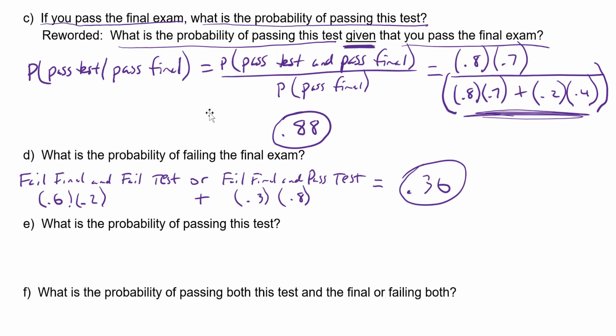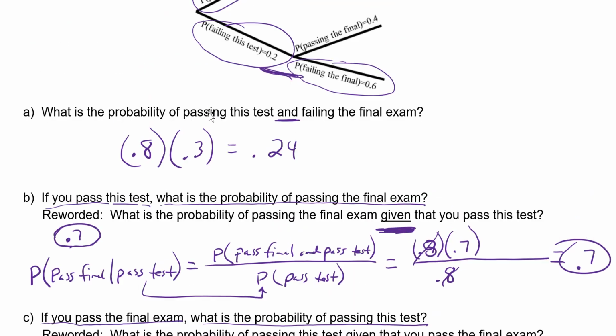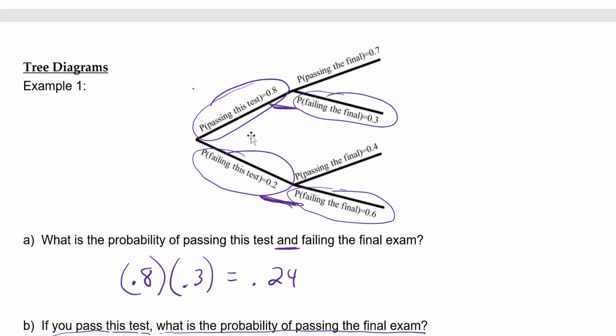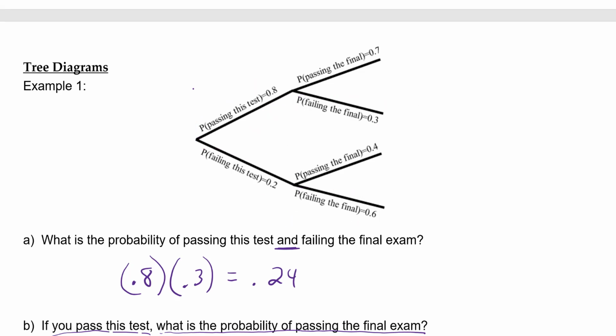Okay, E, what's the probability of passing this test? Guys, that's really easy. Look back at the whole diagram here. What's the probability of passing the test? Okay, it is right here. Probability of passing the test is 0.8. And you might say, well, Mr. Griffiths, shouldn't you do both scenarios? And I would say, okay, you can.